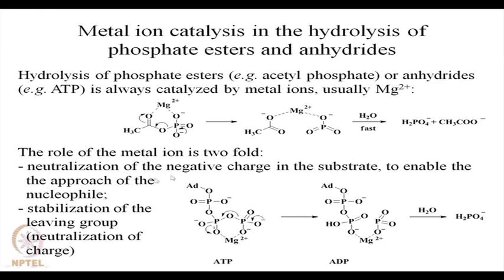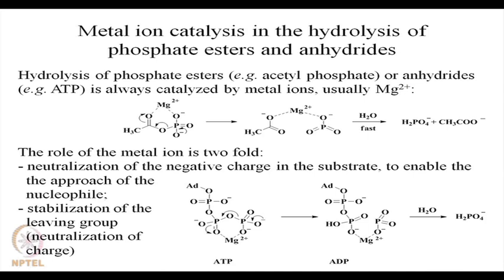Because it is neutralized now, a nucleophile can approach, and there is stabilization of the leaving group. So, this is your leaving group, and their charges are also neutralized. In the presence of water, they form these two. So, leaving group stabilization is also important over here.